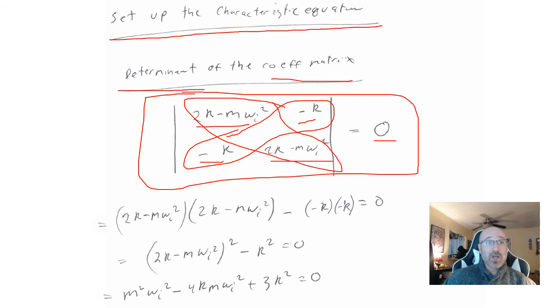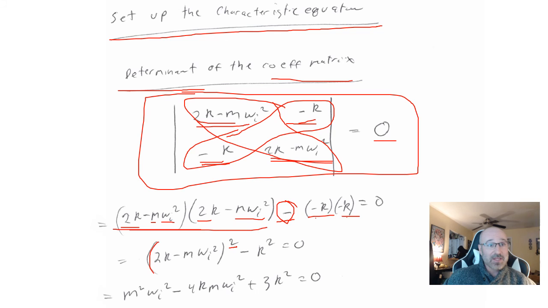So we do that, and we end up with 2k minus m omega sub I squared from right here, times 2k minus m omega I squared from right here, minus negative k times negative k. This is where we really need to pay close attention to our sign convention. Our negative k times negative k gives us a positive value, but then we still have this negative here, which brings it back to a negative again. So now we can go through and FOIL this out, or realize it's the same term here and just put a squared right there.